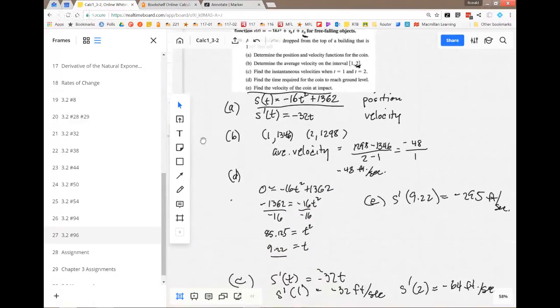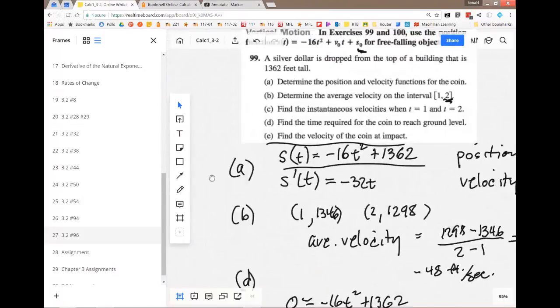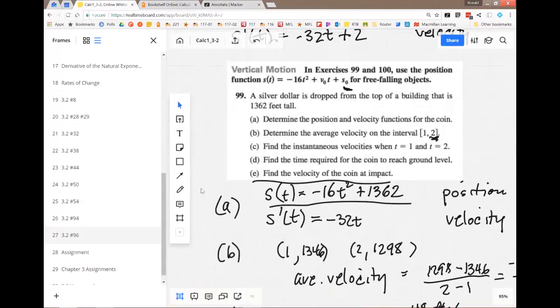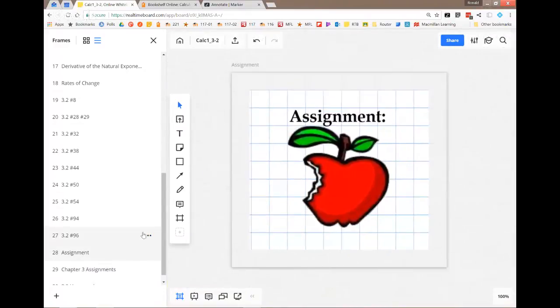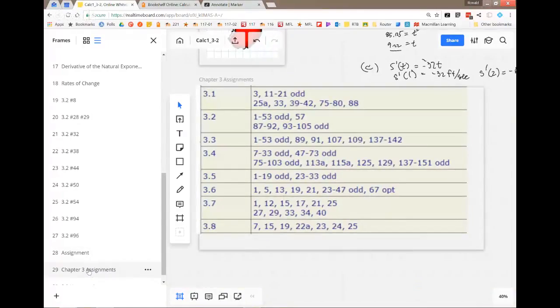Okay. Does anybody else have a question on a problem like number 99? That's that one we were just looking at. All right. Well, let's look at the assignment. We did that yesterday, I think, briefly. It's that 3.2 assignment there. 1 to 53 odd, 57, 87 to 92, and 93 to 105 the odds.